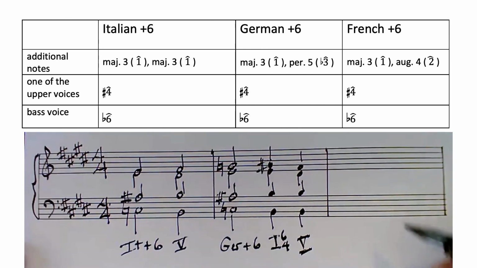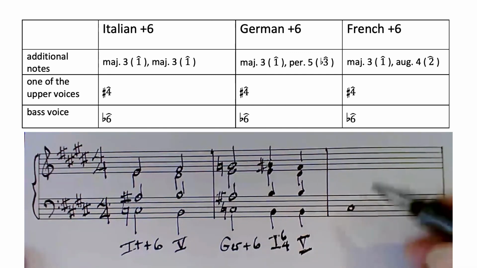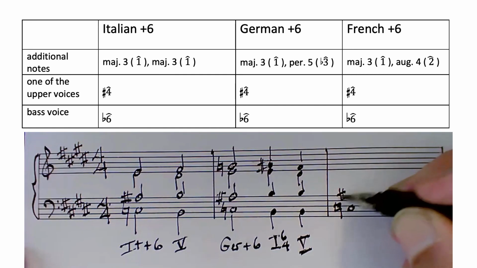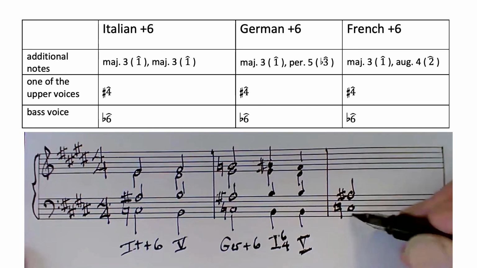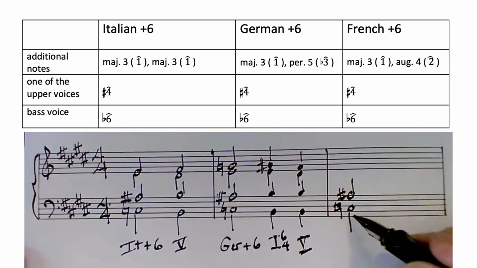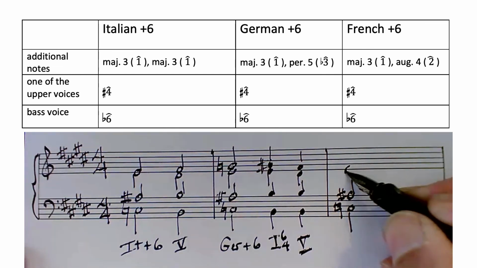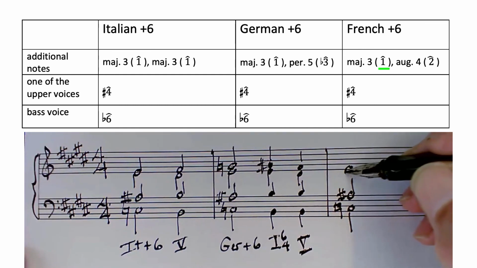And then finally we have the French. And the French, again, the same 2 pitches in terms of the lowered 6th scale degree and the raised 4th scale degree. And then we need a pitch that's a major 3rd above the C. That is also thought of as scale degree 1, which is an E in this case.